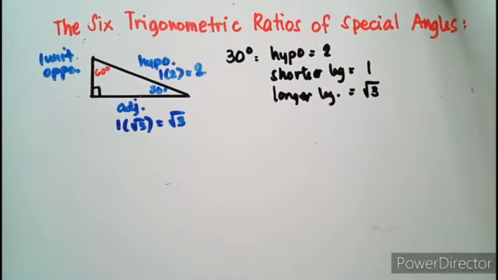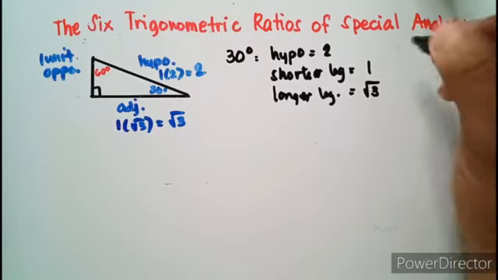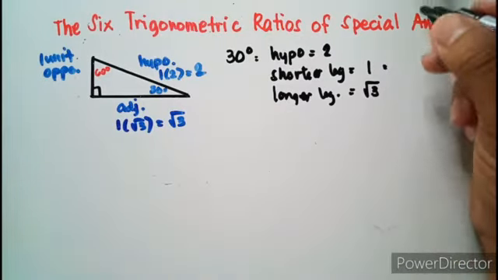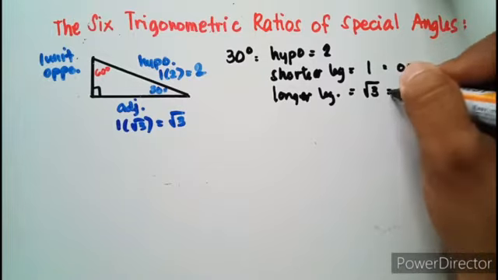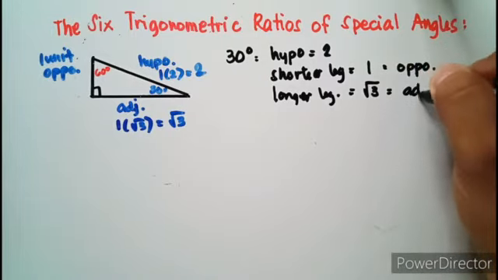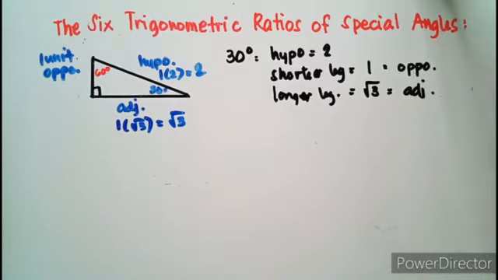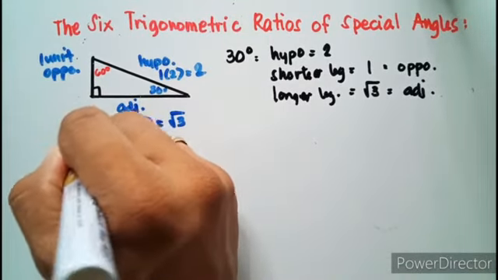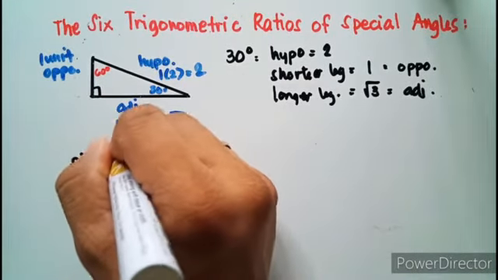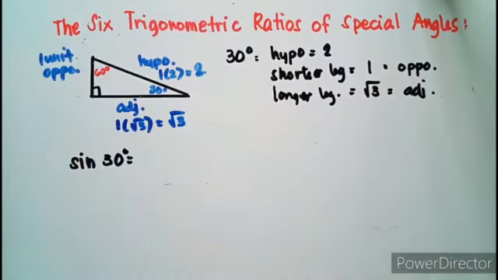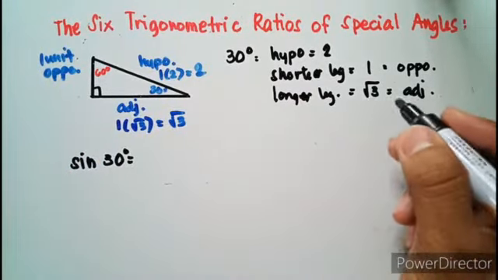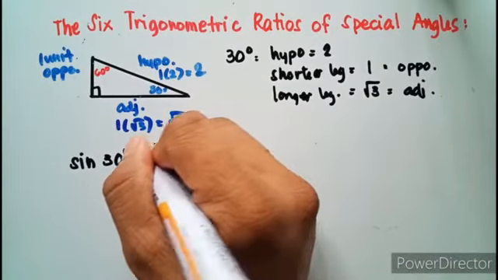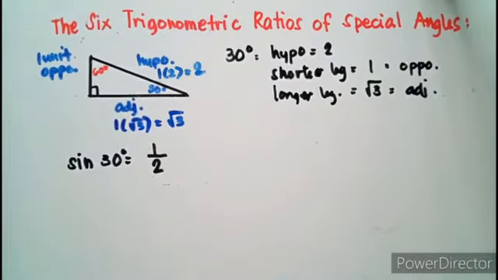Now, getting the 6 trigonometric ratios, our shorter leg is our opposite and our longer leg is our adjacent of 30 degrees. So, let's get sine 30 degrees. Sine 30 degrees is opposite over hypotenuse. So, that is 1 over 2, 1 half.